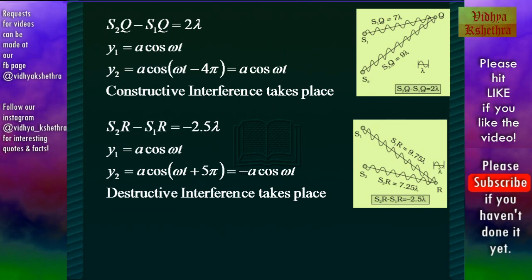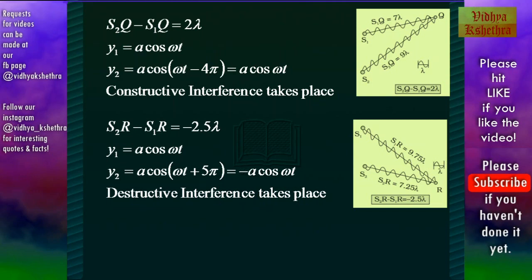In this case, the equation of the first wave, from S1, is Y1 equal to A cos omega t, and from the second source, Y2 is equal to A cos(omega t plus 5 pi), which becomes equal to negative A cos omega t. Now in this case, the resultant at R is 0. Hence, in this case, destructive interference takes place.